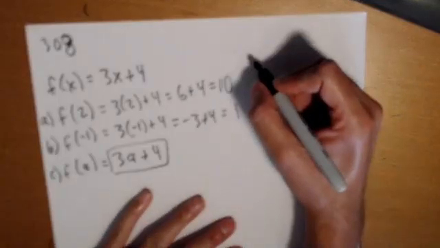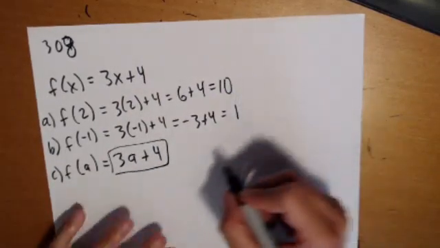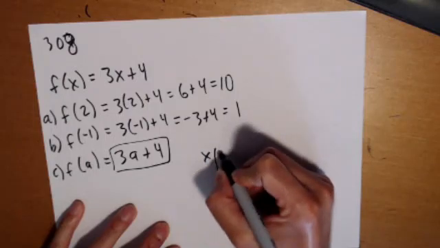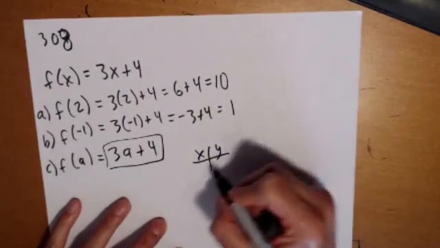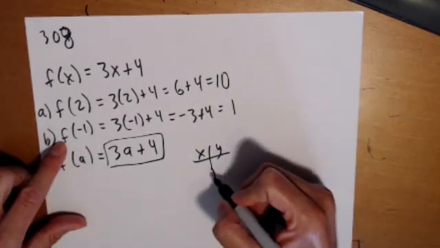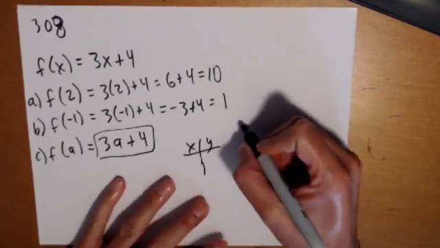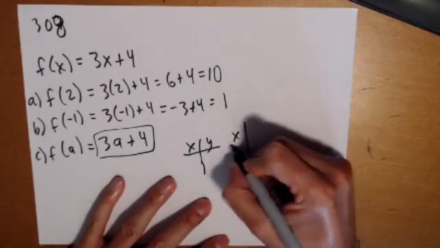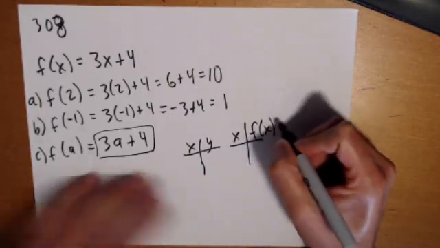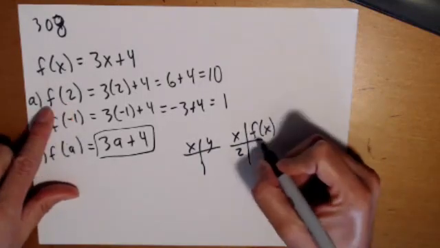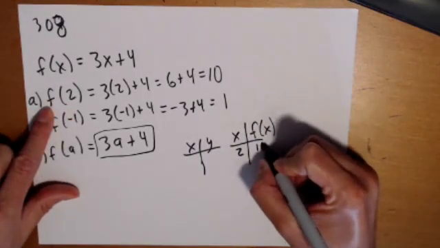So, kind of how we do x and y coordinates, right? We normally would have said, let's just do this. We have x and f of x. So if x is 2, then f of 2 is 10.